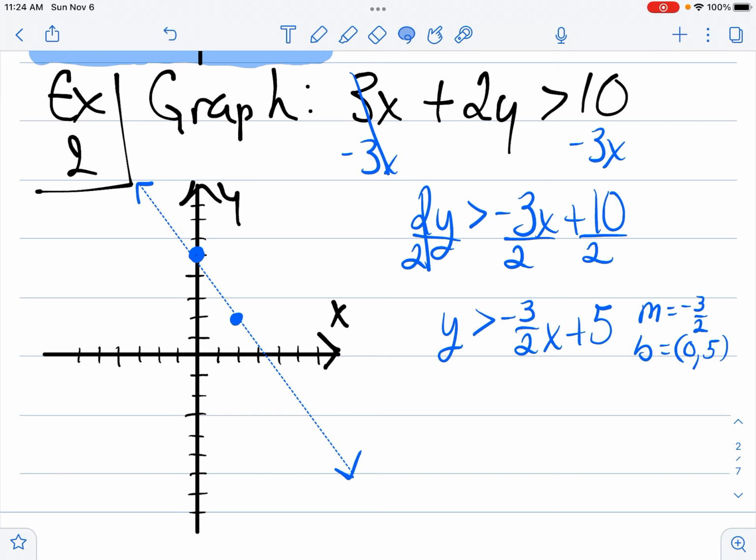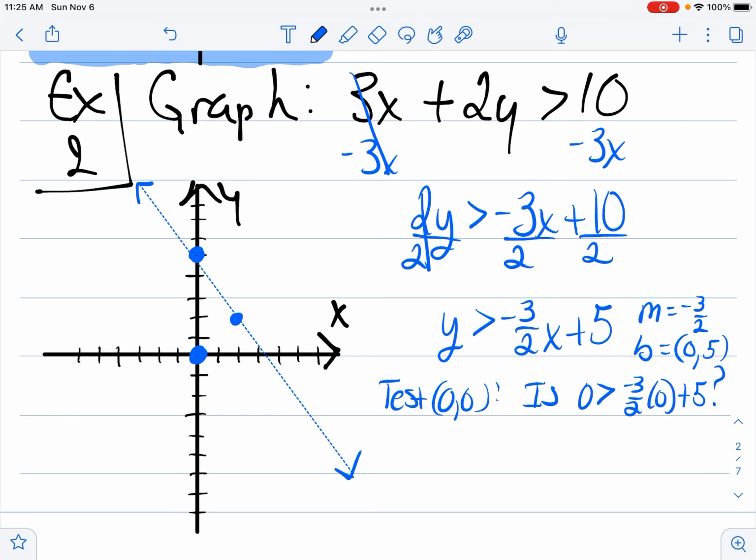All right. Still test 0, 0 though, because that's a good point to test always. So we're going to test 0, 0 right down here. So is 0 greater than negative 3 halves times 0 plus 5?